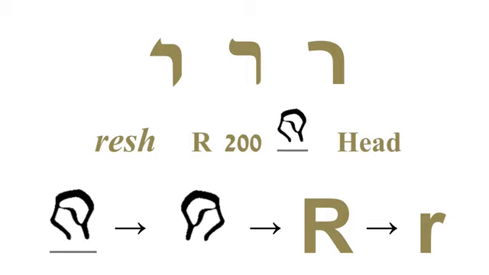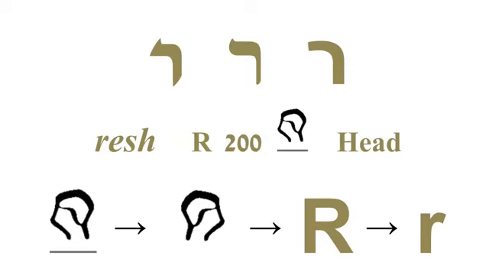If you turn the language around, the Resh becomes our letter R. The modern Resh definitely becomes our modern lowercase r, and the uppercase R is the old paleo head picture. You turn that around, that looks like an R. Yes? And Resh represents head. Okay?